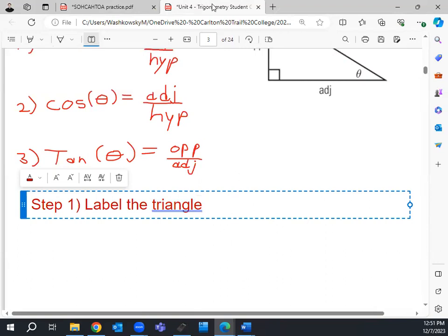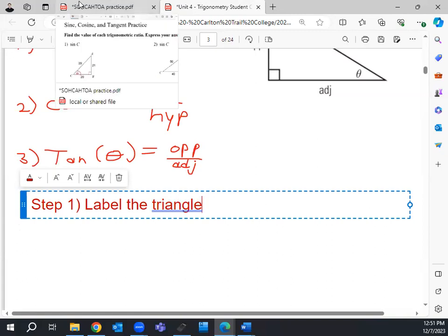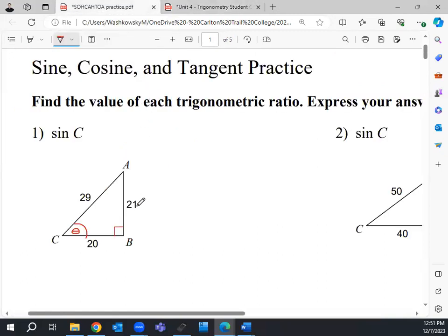So the first step is we are going to label this triangle. I'm going back to that next sheet here. Like I said, we are going to be going back and forth a little bit. So let's go to this first question and label the triangle. Which of these numbers, 29, 20, or 21, is my hypotenuse? Hypotenuse is 29 because it's opposite of my right angle, right?